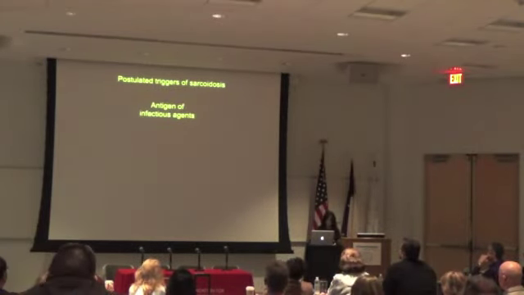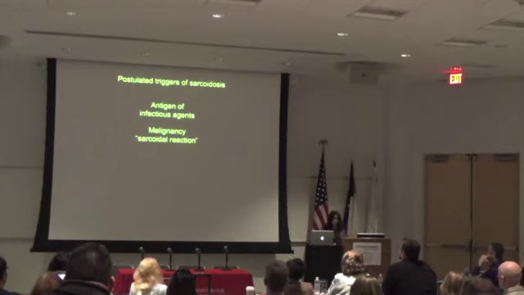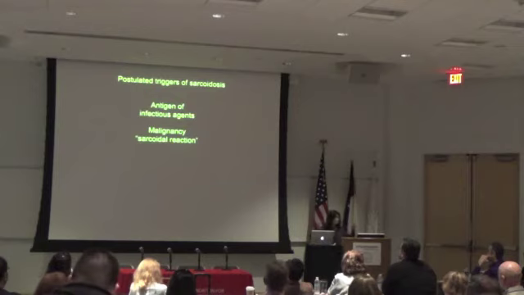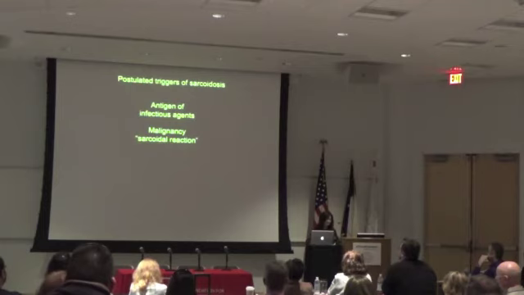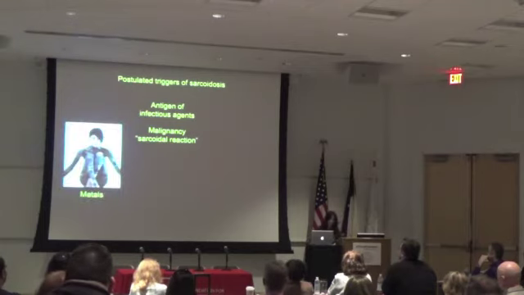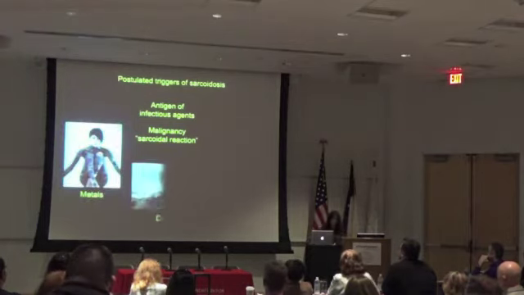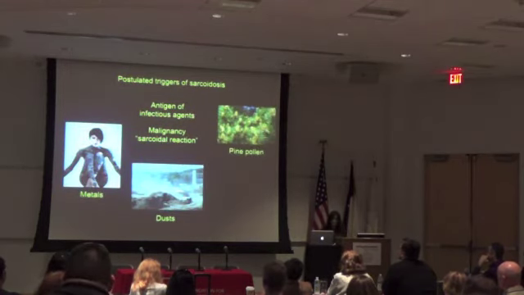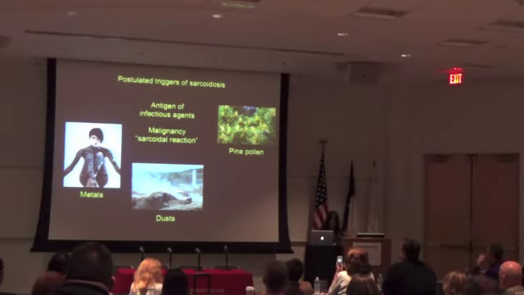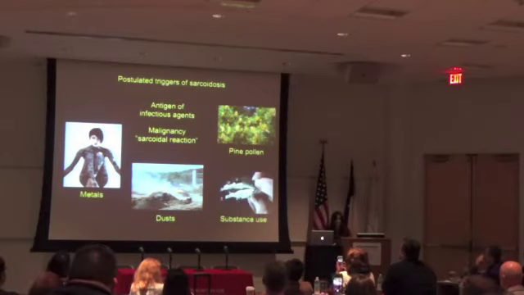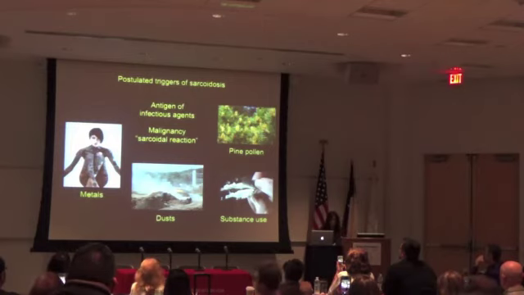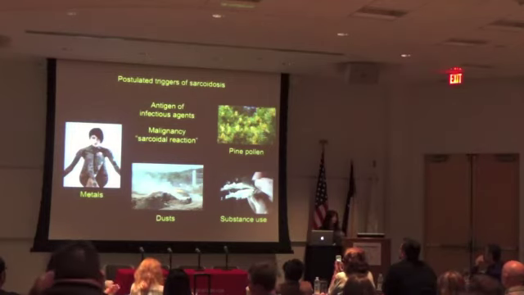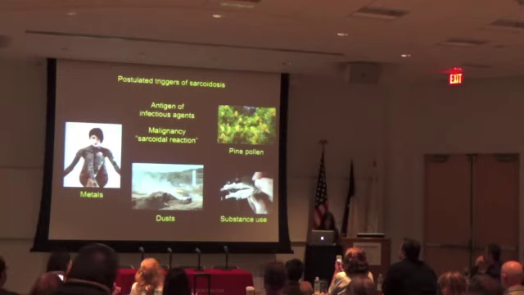Okay, so just to summarize the postulated triggers of sarcoidosis: antigens of various infectious organisms such as tuberculosis or fungi; malignancy, breast cancer, lung, GI, and so on, can trigger the immune system to cause a sarcoidal-like reaction. That's why we need to have a search for possible malignancy. And then exposure to metals, to dust. Pine pollen is always thrown in there, and it's not clear to me how good that evidence is. Then of course substance use, either intentional or unintentional exposure to foreign substances that are introduced into the body.